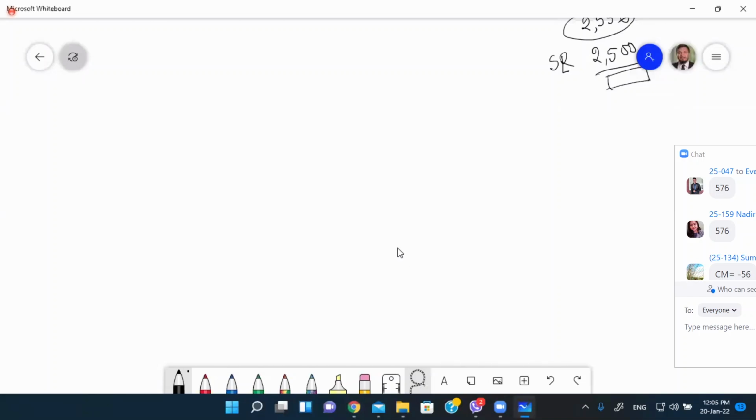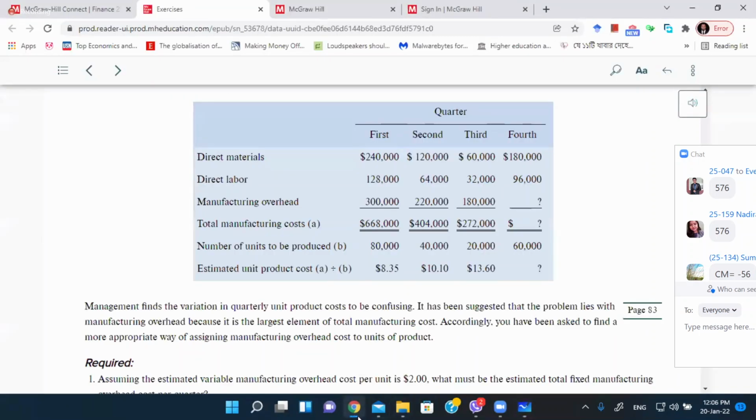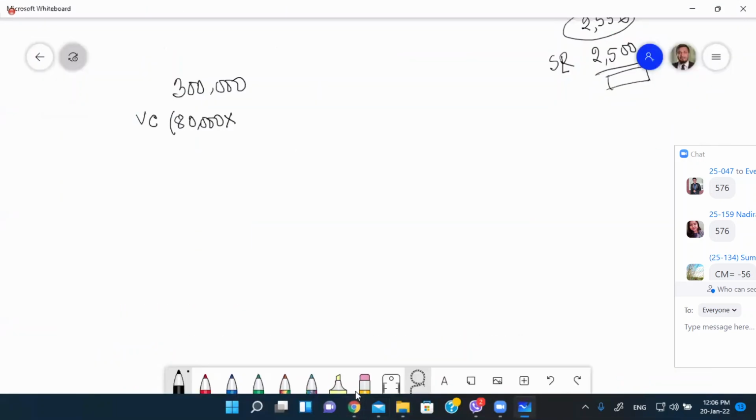I believe it is possible, and it is straightforward. Total manufacturing overhead is $300,000. If we subtract the variable portion, that is 80,000 multiplied by $2 per unit, which is 160,000, we have 140,000.